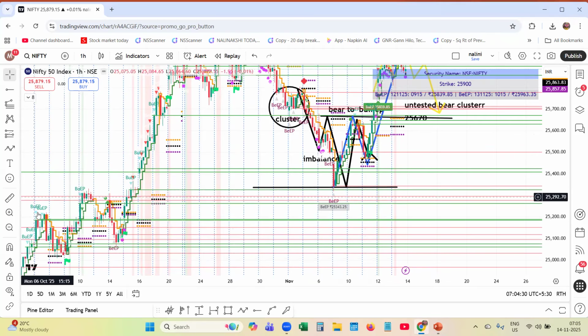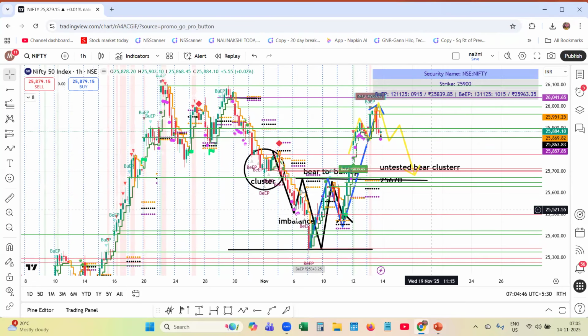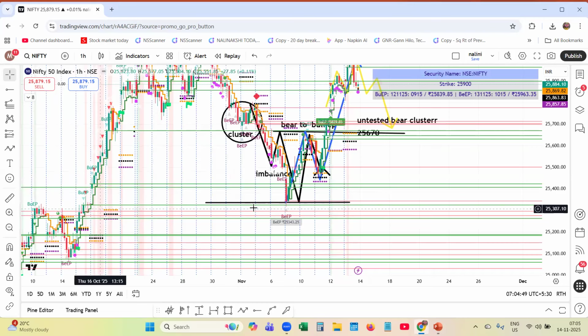From the counter, it rallied, it came out, and again a counter has started. The rotation has started, and bears started coming down. And again, it has revisited this cluster, and you can see the price coming to that bear EP level.